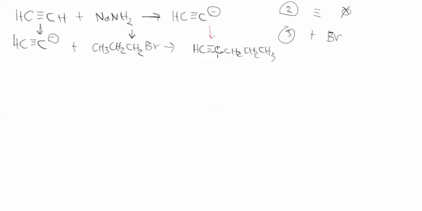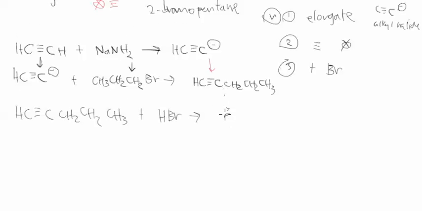Well, if we look, we've got 2 choices here. We can redraw the product, CH2, CH2, CH3. And I need to add on a bromo group, but I need to get rid of the triple bond as well. Okay, if I add on HBr in this step, my product formation will be a triple bond C, CH2, CH2, CH3.